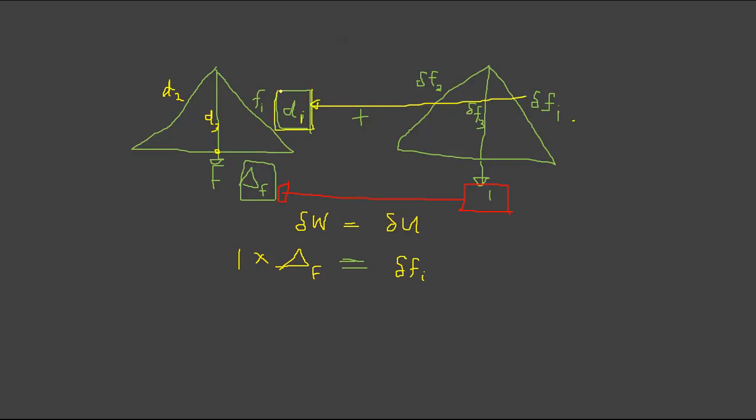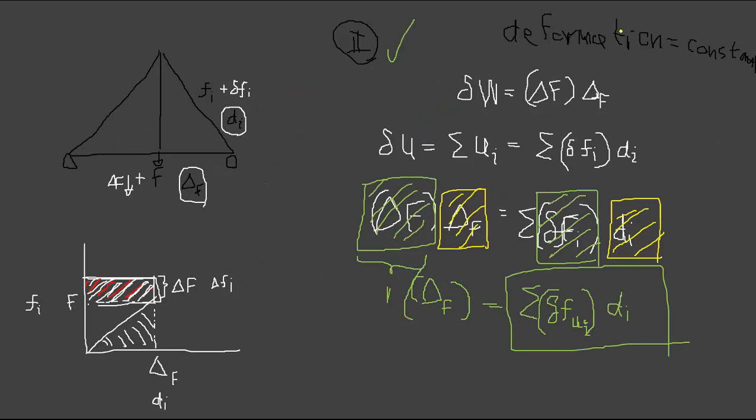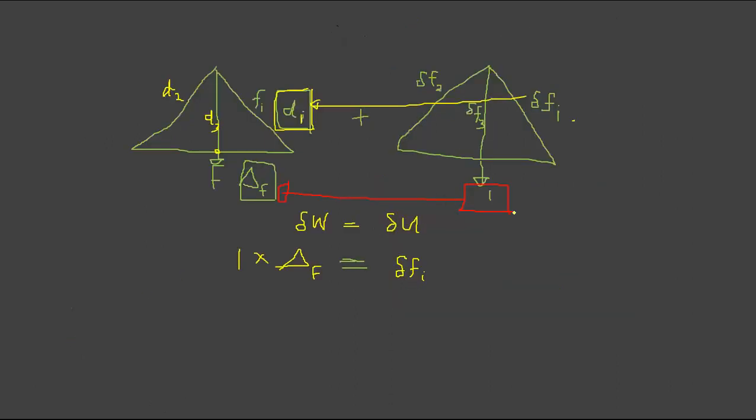We know why: our assumption is deformation is constant, right? So you increase the force, so that means this is the additional strain energy stored due to this increased force, right? So that's going to be delta F1 into D1 plus, for the second member, I can write delta F2 into the deformation in the actual one, D2.